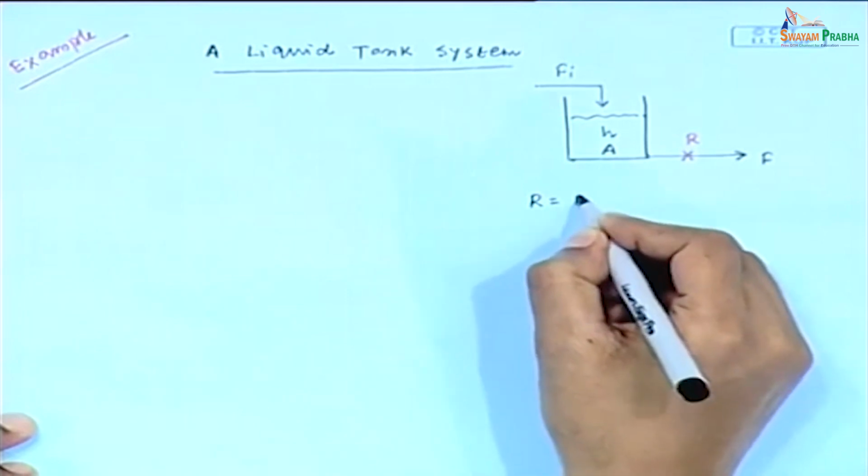Fine. Now, this effluent flow rate F is related to the hydrostatic pressure of the liquid height H through resistance R. Here R is the resistance to flow.